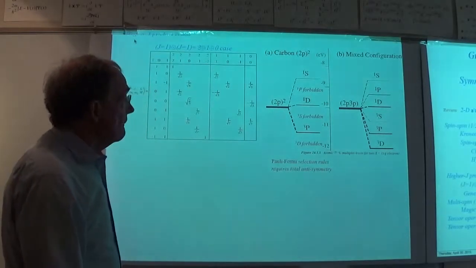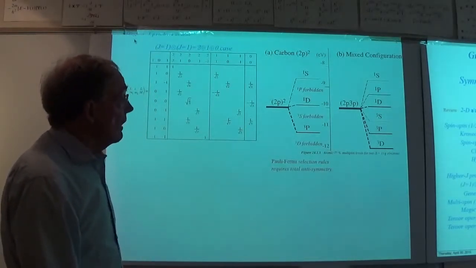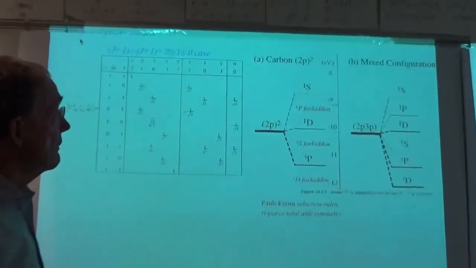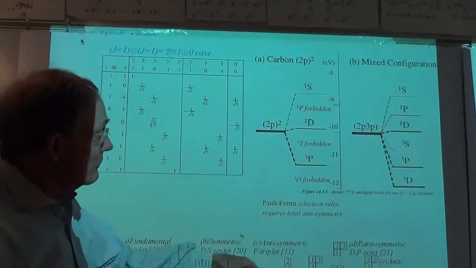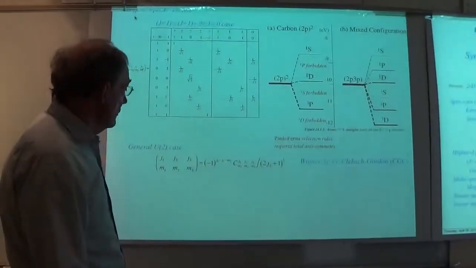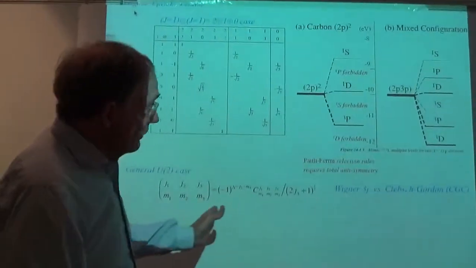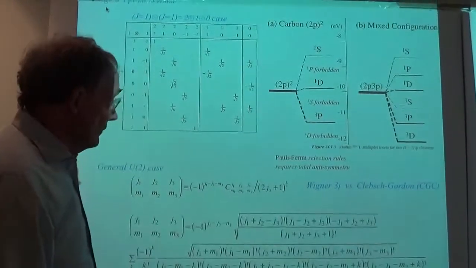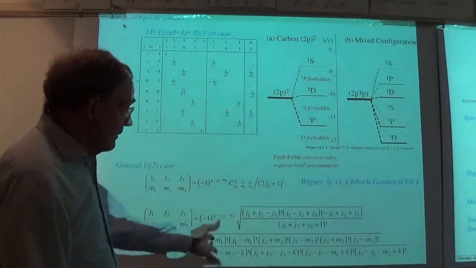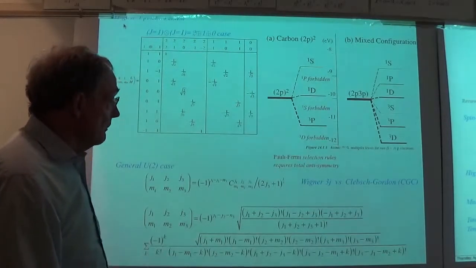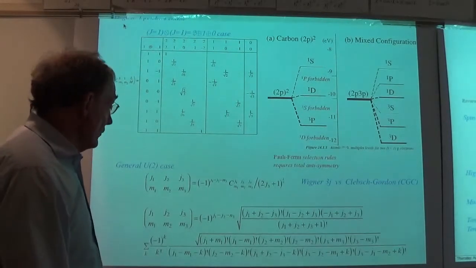So they're the forbidden ones in Pauli-Fermi selection rules. For just atomic spectra, this is part of carbon's lower states. Now we can use the Young tableau to analyze that in all kinds of beautiful ways. We can also write a formula using some of this stuff that works for all J's. So, you know, there it is. This is a formula very similar to the formula for the D's in some ways.